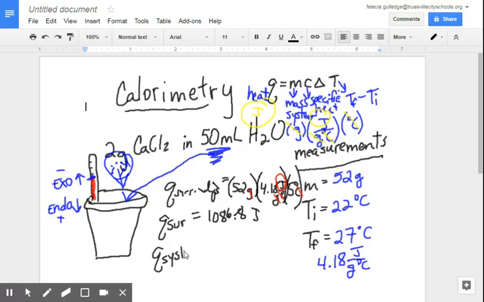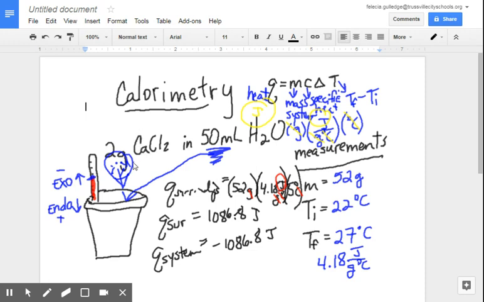Now, sign conventions are extremely important. They're equal in sign. If I absorbed energy, it's positive. If I released energy, then it is a negative value. So negative 1086.8 joules was released from the system to the surroundings from this reaction.